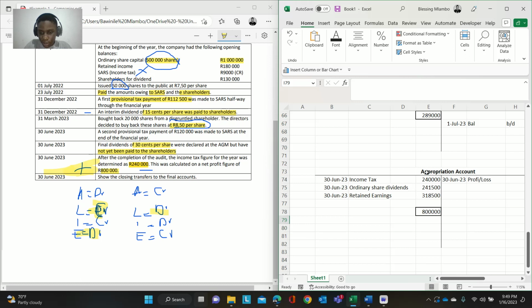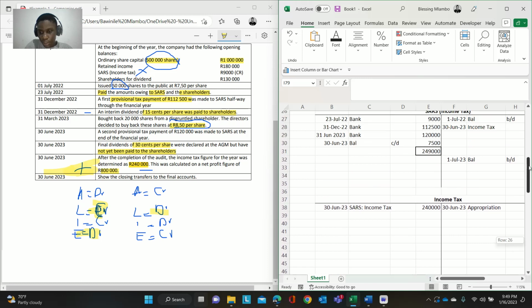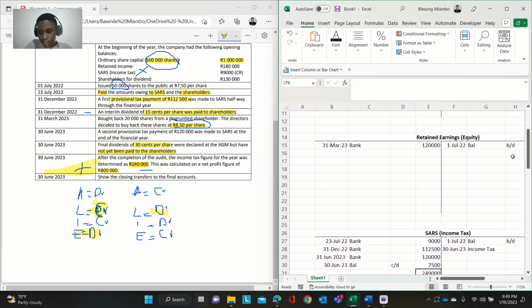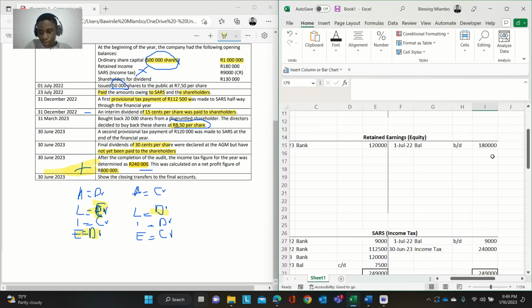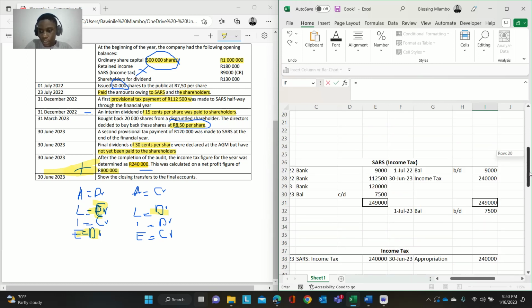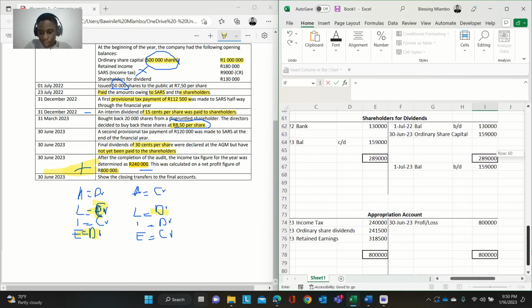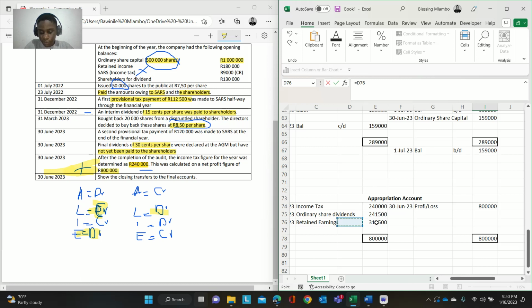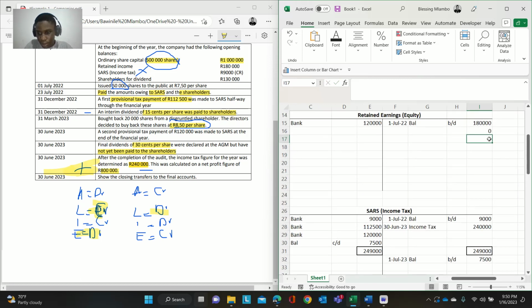On the debit side, you have your income tax, because you closed off that income tax expense account to appropriation, and the ordinary share dividends, because you closed them off to appropriation account. The remaining balance goes to retained earnings. So this balance will be taken to the credit side of retained earnings. It increases retained earnings because we have profits which we haven't distributed, in that the equity of shareholders is increasing.